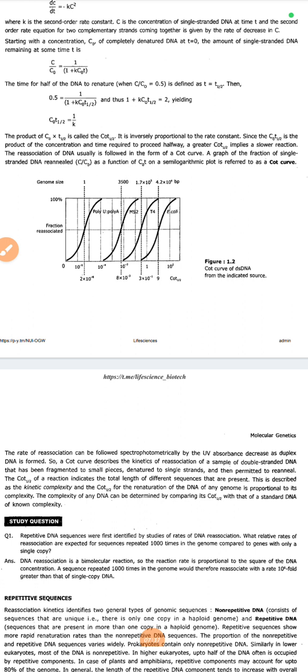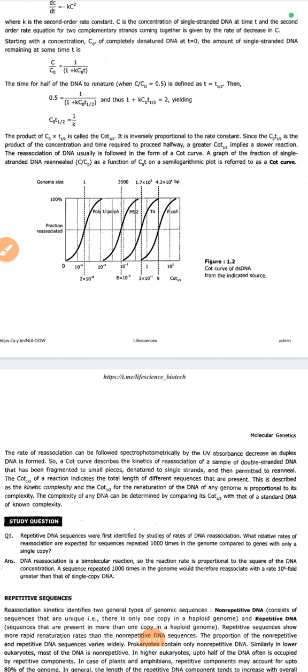When K is lesser, Cot is higher, and when K is higher, Cot is lower, since they are inversely proportional. K is the indication of a faster reaction, so if K is higher, the Cot value will be lower.